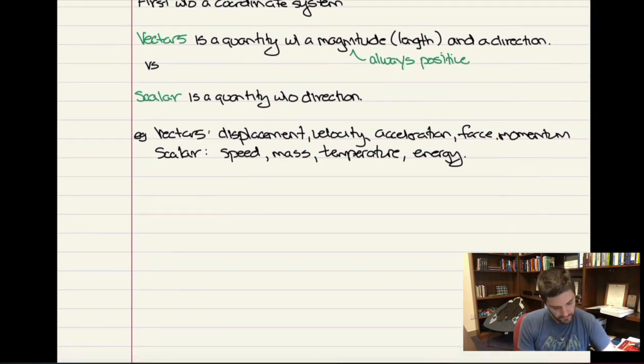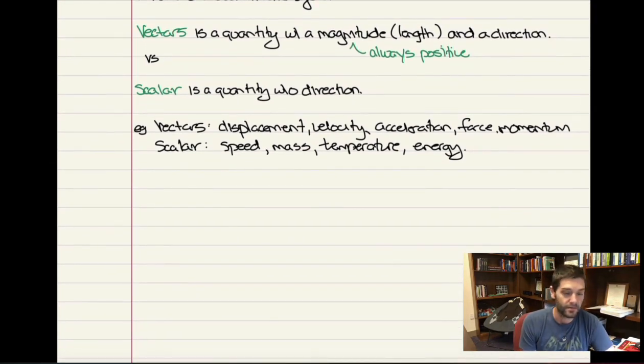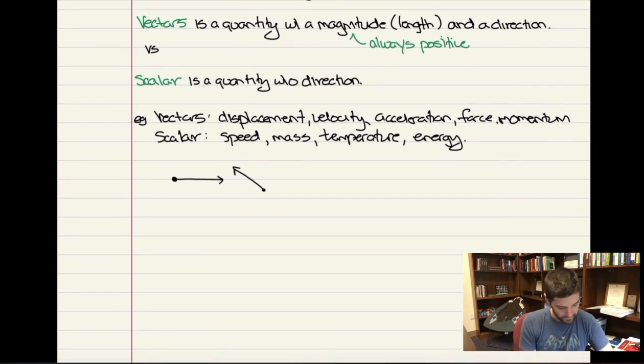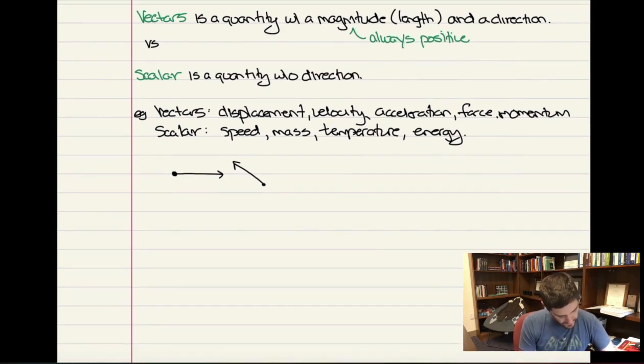So, vectors are drawn quite simply. They're just arrows. So this would be an example of a vector. This is an example of another vector that's pointing in a different direction. This is an example of another vector.